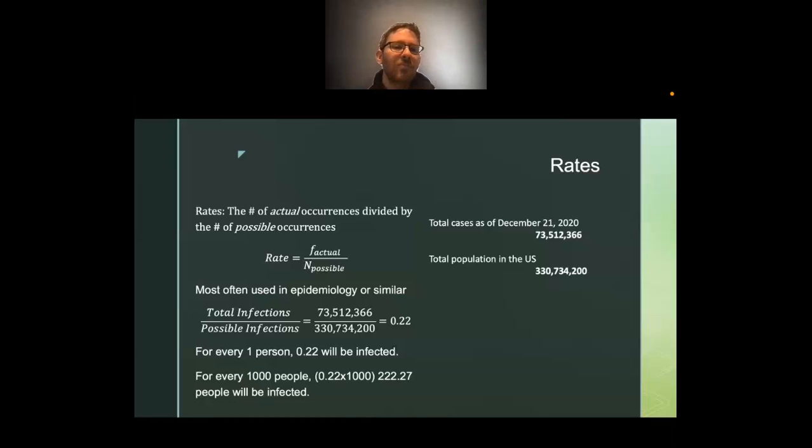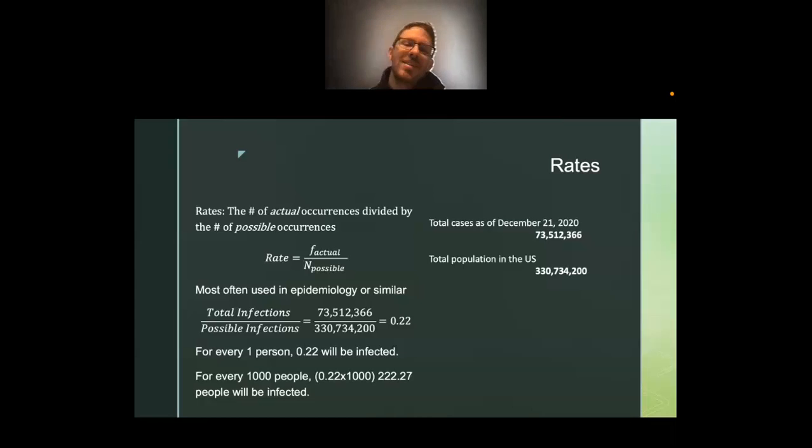And then the total cases, I actually updated this, so it's no longer December 21st. This is recent. So this is total cases as of whatever week this is, January 29th, 2022. So there's been about 73 million, probably more, but that's what the official counts are saying. And so the rate comes out to be 0.22.